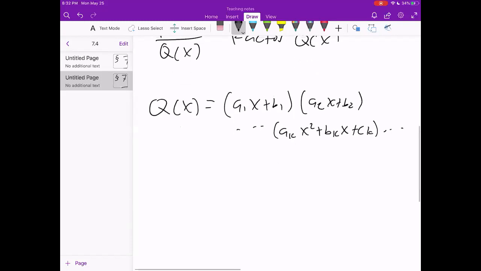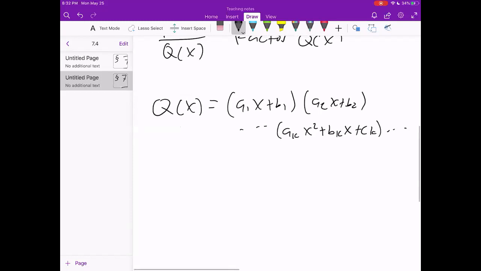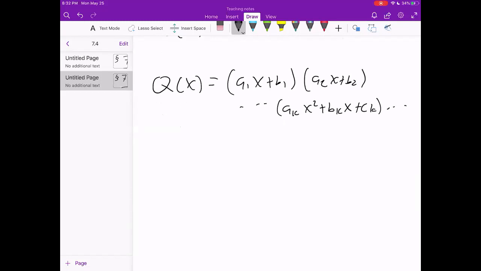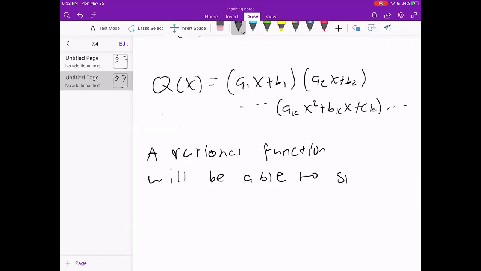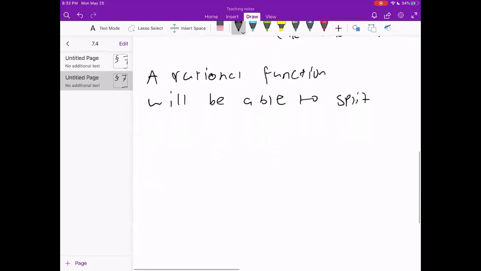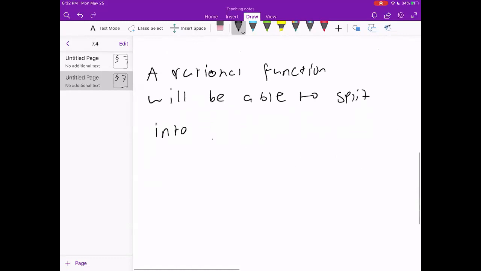So with this, the idea is, if I have a rational function, I will be able to split it into factors of the form ax plus b over ax plus b, and ax plus b over ax squared plus bx plus c, and this is to the i again.